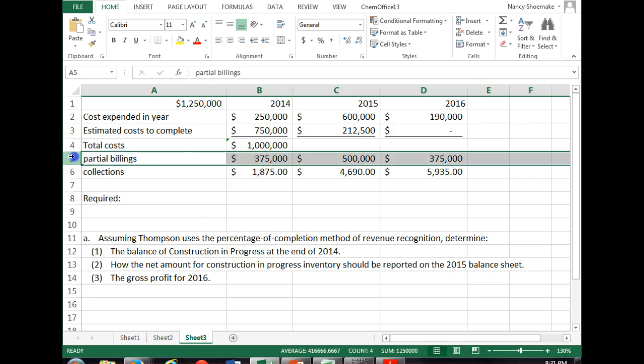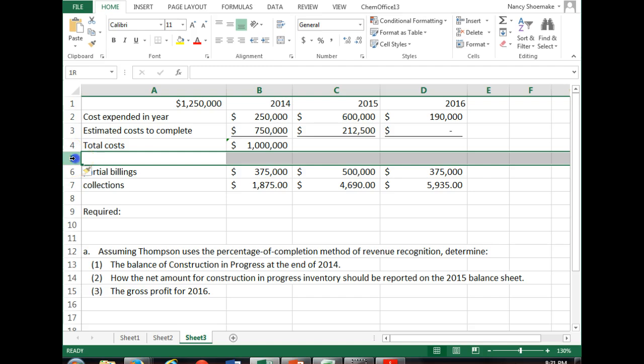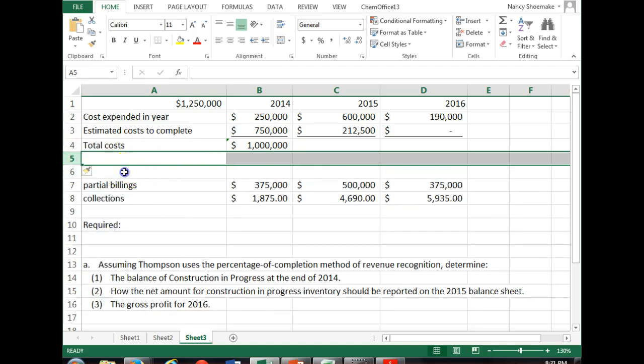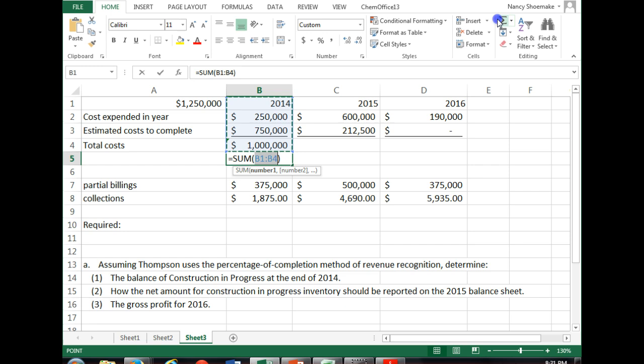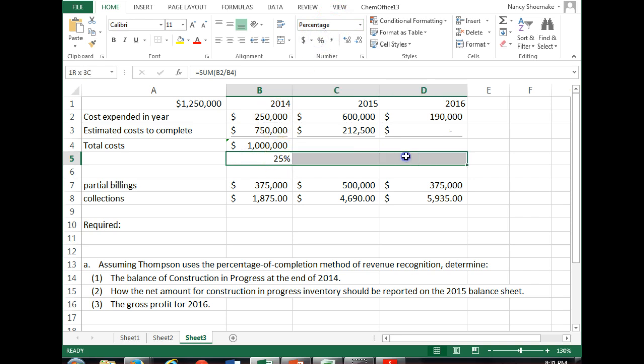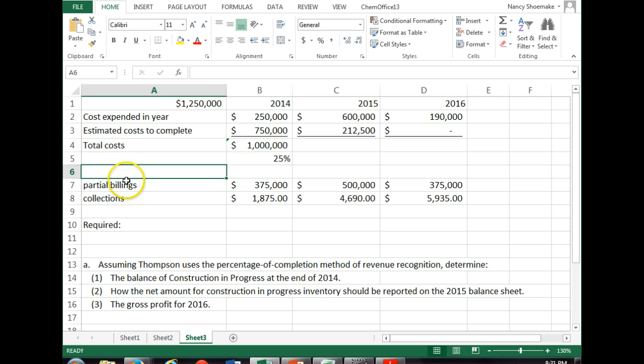And so what are we going to do here? Our $1 million is what we're expecting. And what is the cost expended? 250 divided by this 1 million, or 25%, right? So how much are we going to show in revenues?